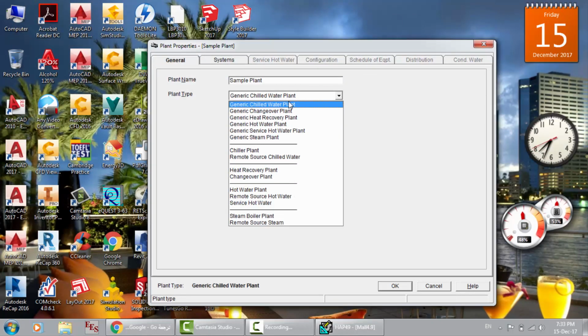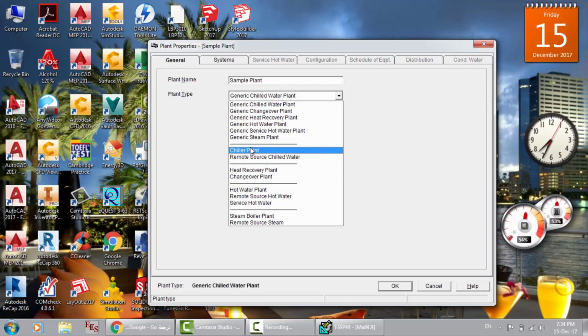For example, here from any generic plant, from generic chilled water plant to generic steam plant, here if you wanna calculate the cooling or heating loads only without any energy analysis. But for energy analysis, you have to get the chiller plant from remote source steam.